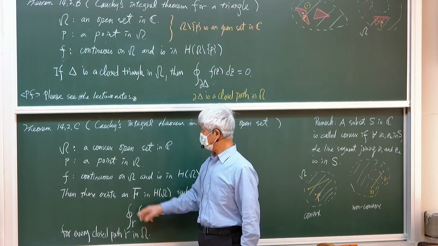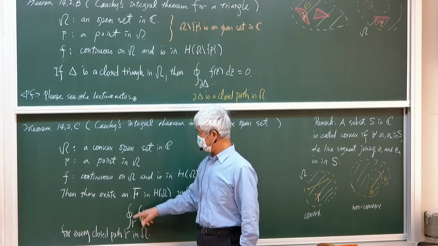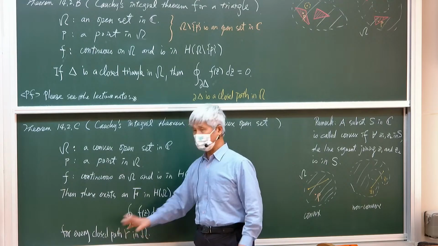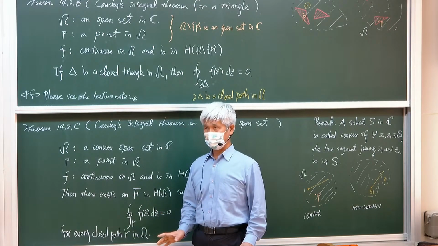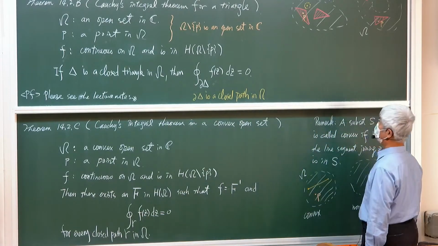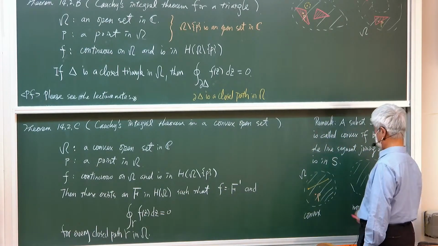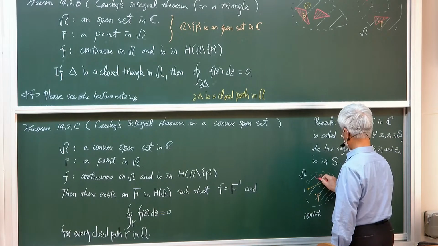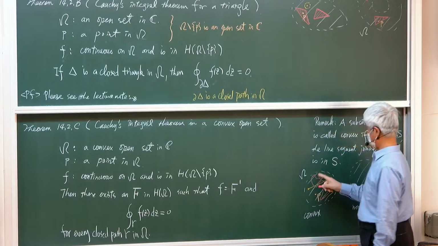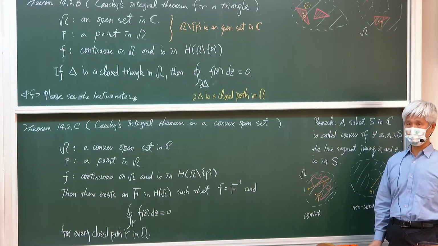In this case, the closed path gamma can be an arbitrary closed path. So the path may be something like this weird closed path.